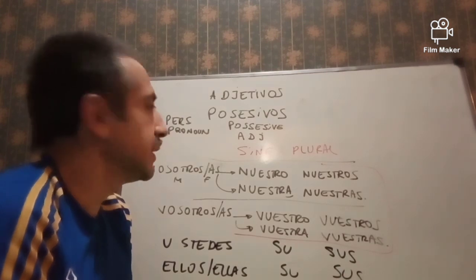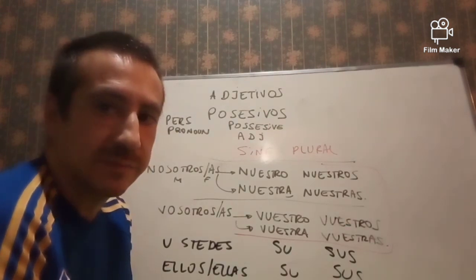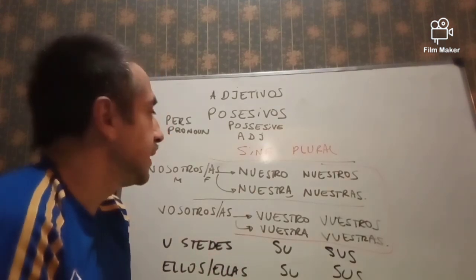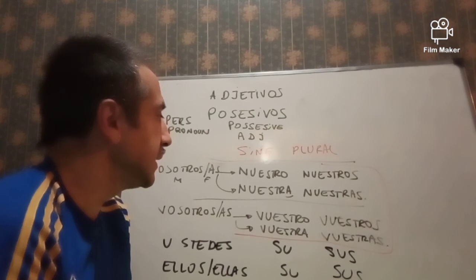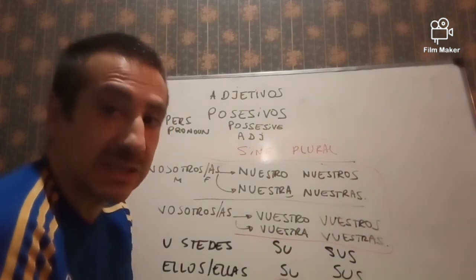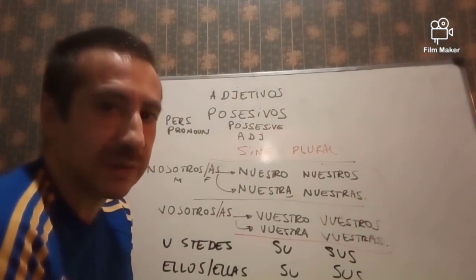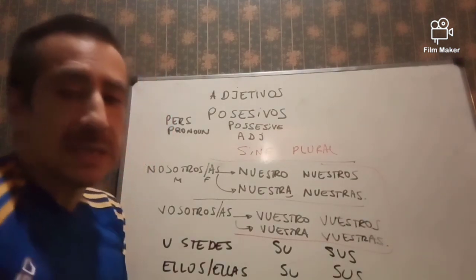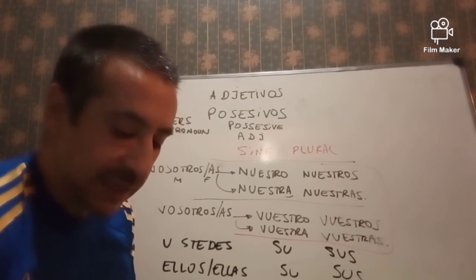We've seen the verb llamarse, to say one's own name. And we've also seen the possessive adjectives, not the possessive pronouns for now, but the adjectives. So it's enough for today.